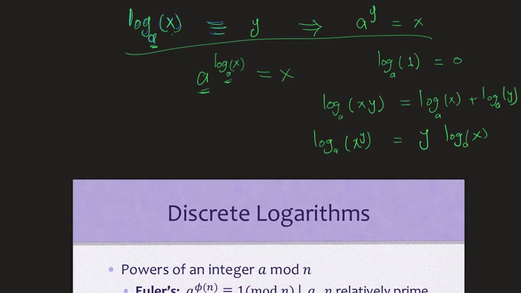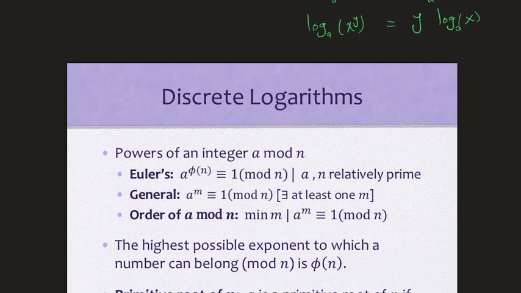And then we know in that case that the power we raise to is the log of what we get on the other side. Did you get what I mean? We are going to rely a lot on this definition of the logarithm in order to figure out the logarithm in the discrete domain. Let's see how.